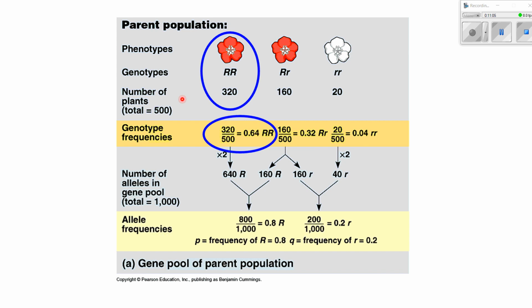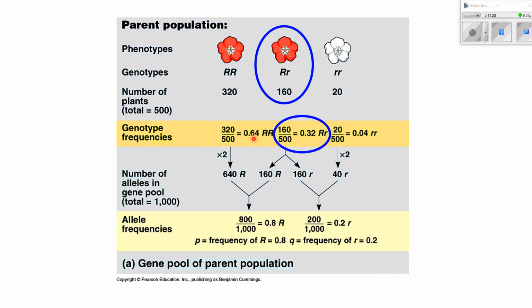The frequency of the homozygous dominant genotype would be 320 plants divided by a total of 500 plants, because if you add all these together, it's 500 plants. 320 divided by 500 is 0.64, okay? Or if you wanted it to be a percent, of course, that would be 64% of the population.